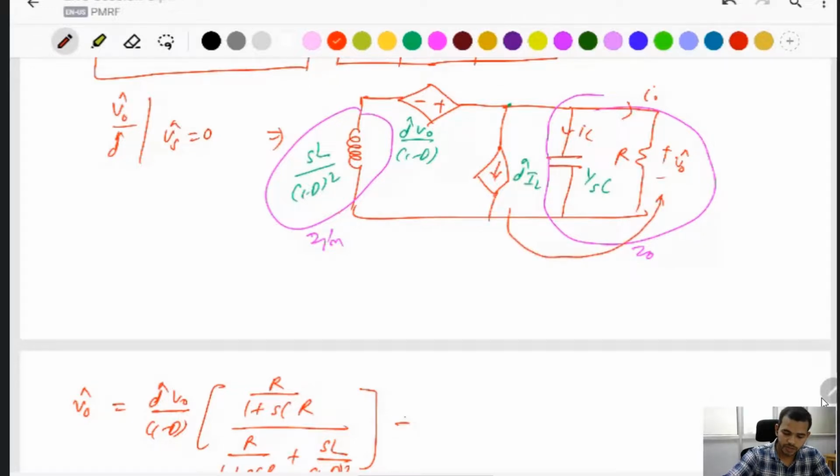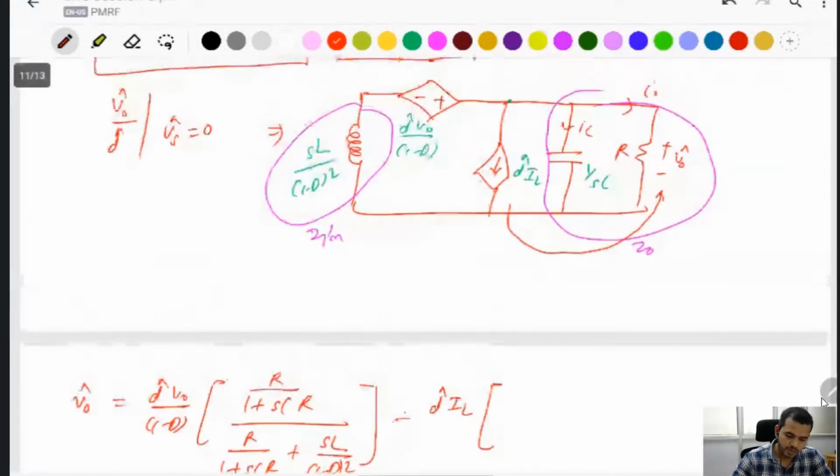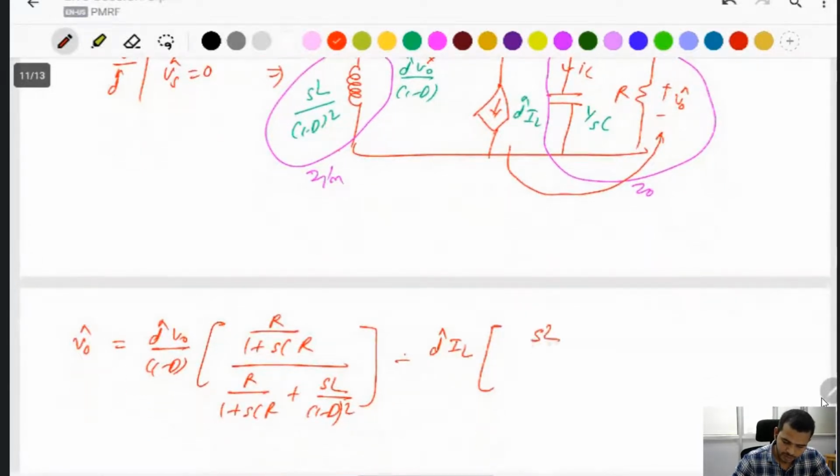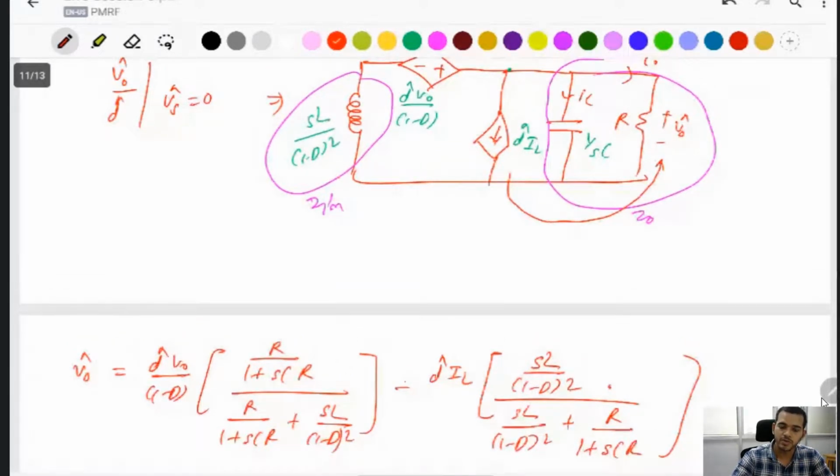When this current flows like that, it means negative D cap IL, and the opposite of the impedance here: SL divided by (1 minus D) squared divided by the total impedance, SL divided by (1 minus D) whole squared plus R divided by 1 plus SCR. This is the current. After that, multiply by the impedance with the voltage, then multiply by the output impedance, R equal to 1 plus SCR.